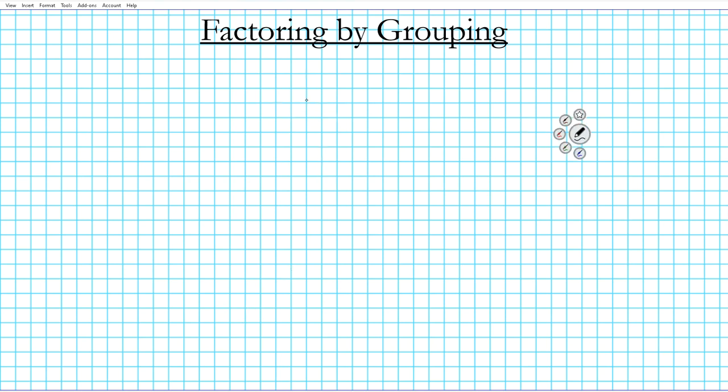In this clip, we're going to be going over the factoring by grouping algorithm. The instructions are for us to factor the given expressions completely.